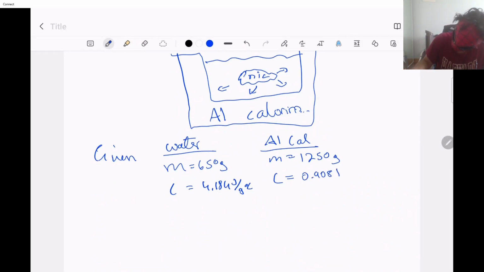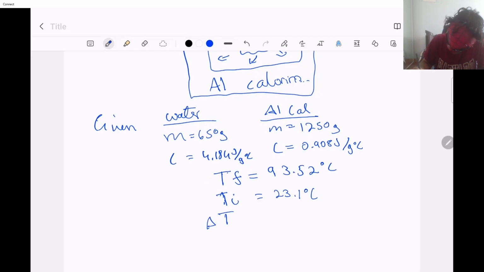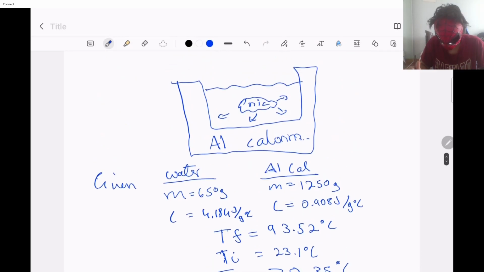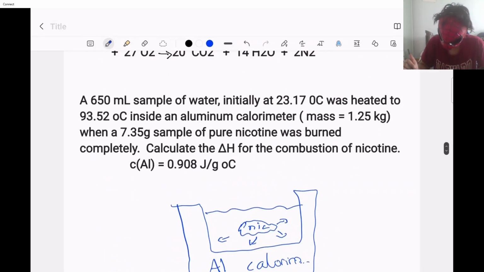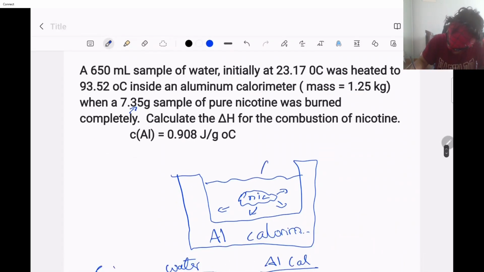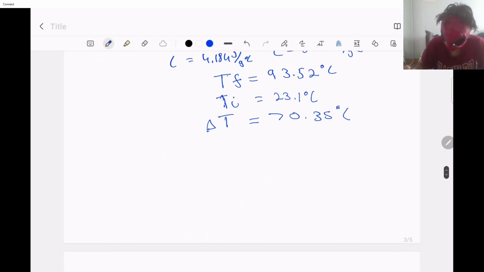And the change in temperature for both is the same, equal to 70.35 degrees Celsius. We're also given one more thing, which is the mass of the nicotine, 7.35 grams.